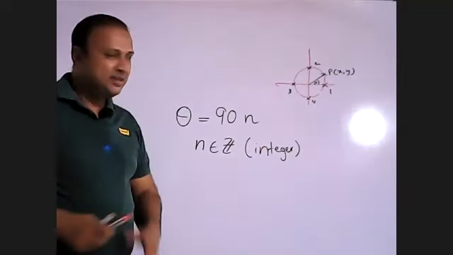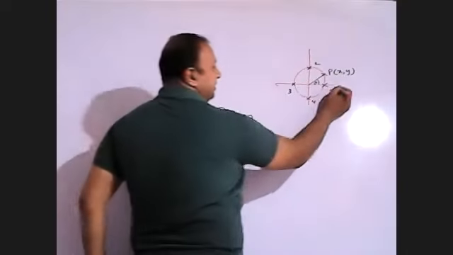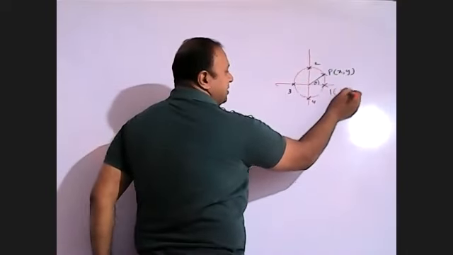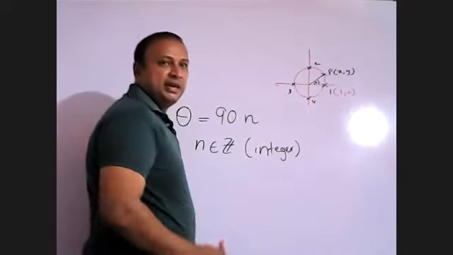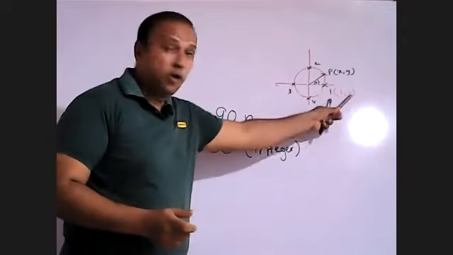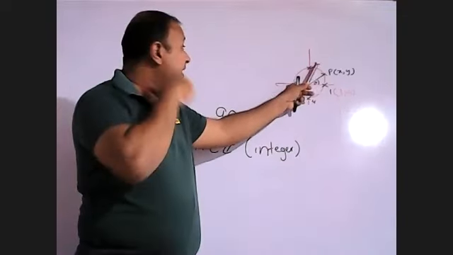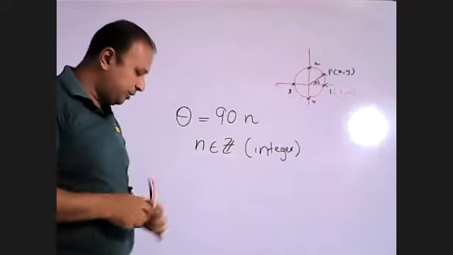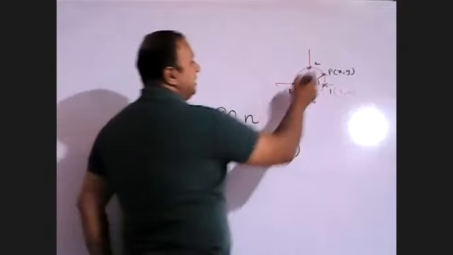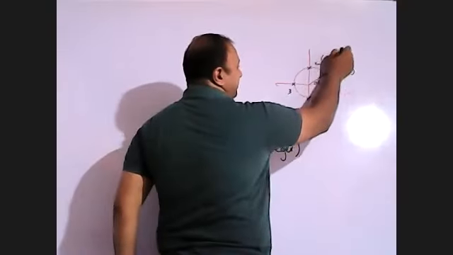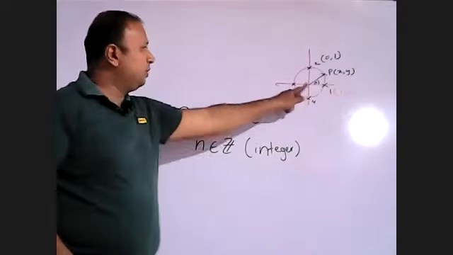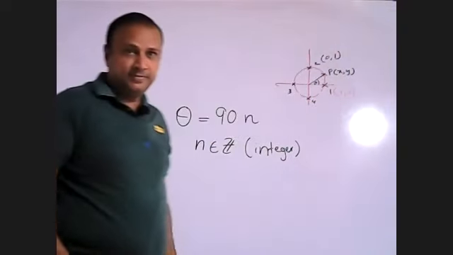So what is the coordinate of point 1? It is equal to 1, 0. X value is 1, y value is 0. If I take point 2, what is the coordinate of point 2? It is equal to 0, 1. X value is 0, y value is 1.